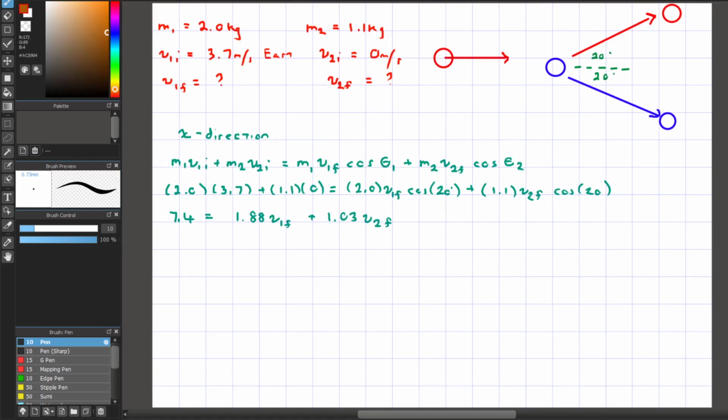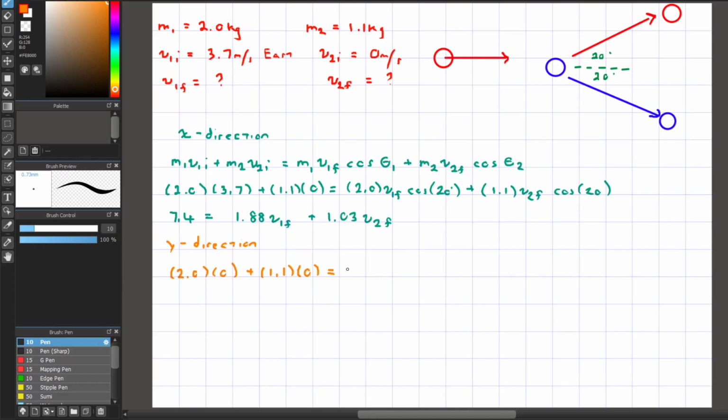For the y direction, you notice from our diagram that neither object moves in the y direction before the collision. But after the collision, both objects do move in the y direction. So before the collision, we can say that 2.0 kilograms times 0 plus 1.1 times 0.